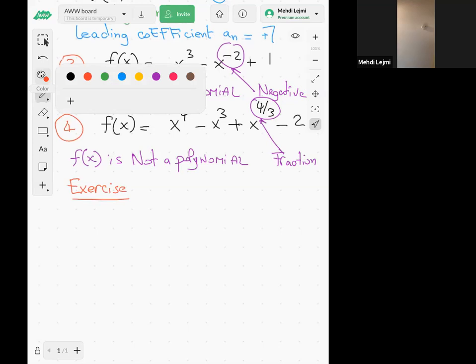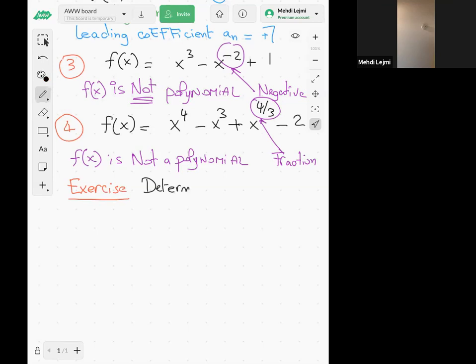All right, so determine if f of x. So what did you say, Iraq team? Oh, okay.